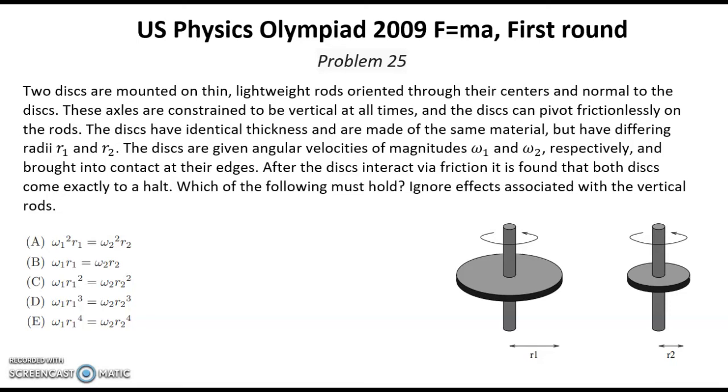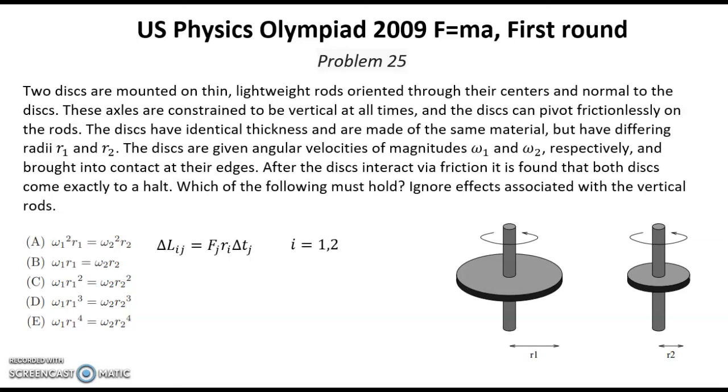Solution. First, we can write an equation for how angular momentum changes during time. Suppose that the force of friction F acts on both disks for the time delta t. It acts on each disk, so these two forces are equal to each other.